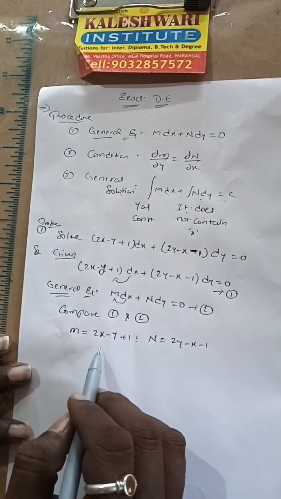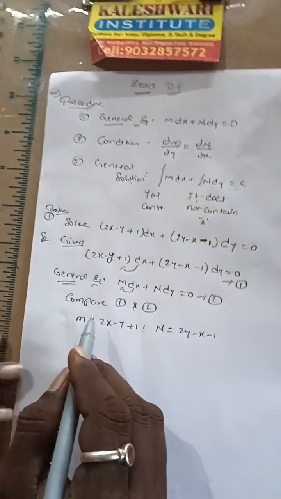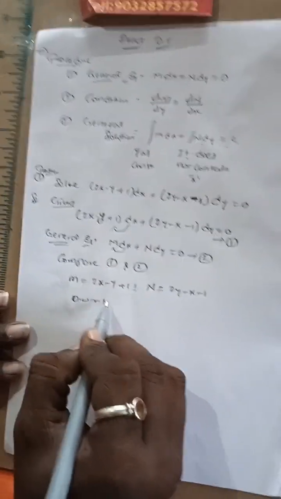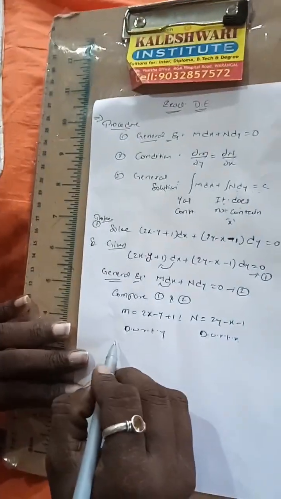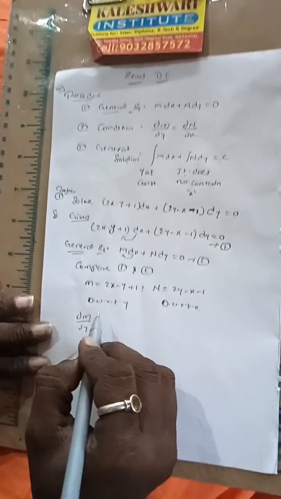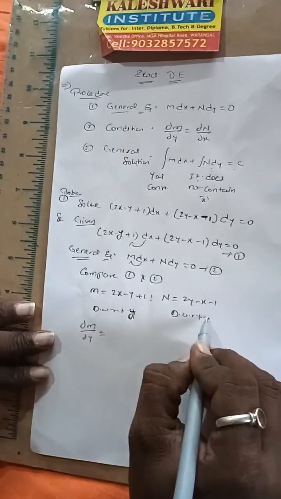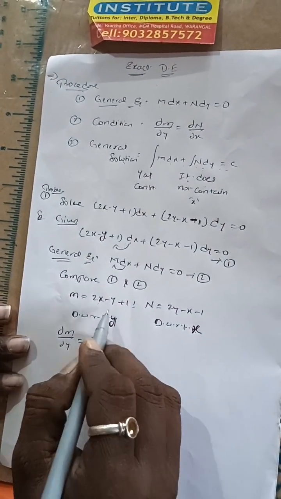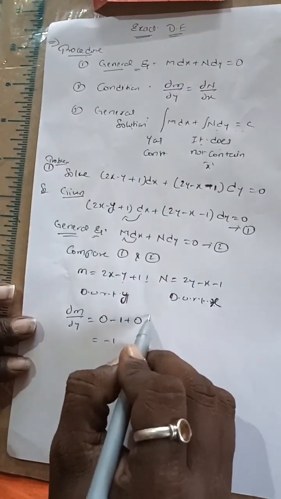Now check whether it is exact or not. We differentiate M with respect to y and N with respect to x. Dou M by dou y: 2x becomes 0, minus y becomes minus 1, plus 1 becomes 0, so we get minus 1.